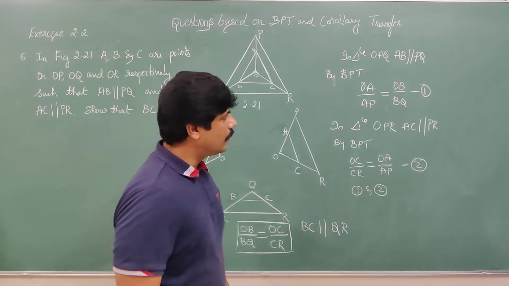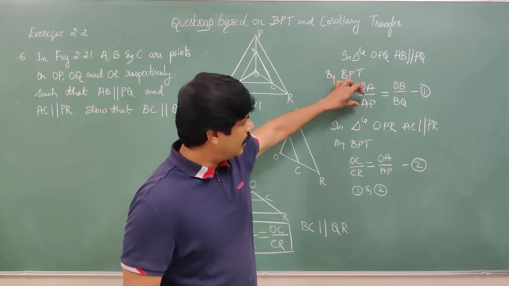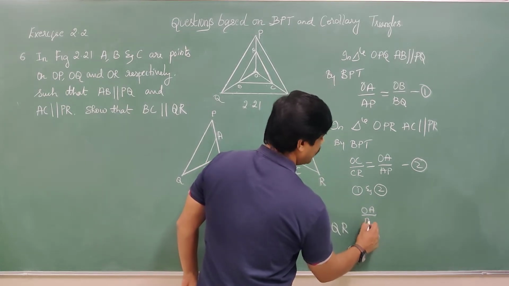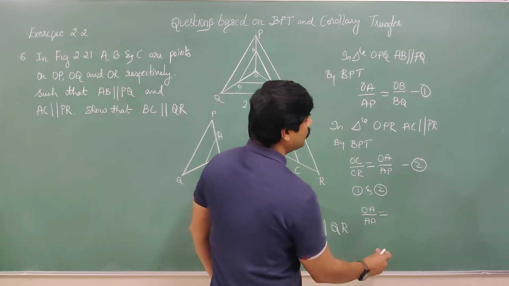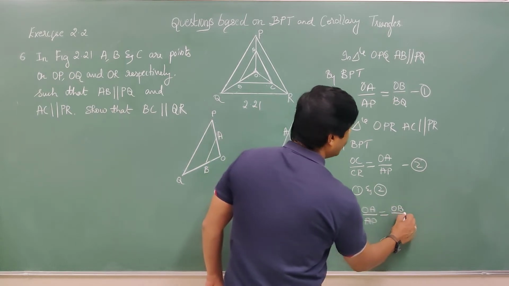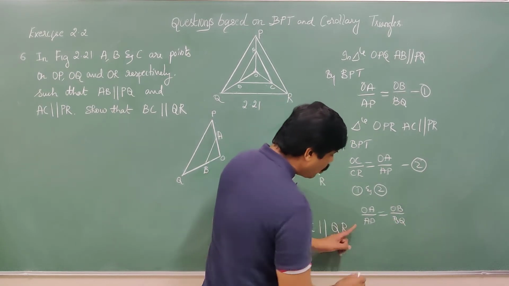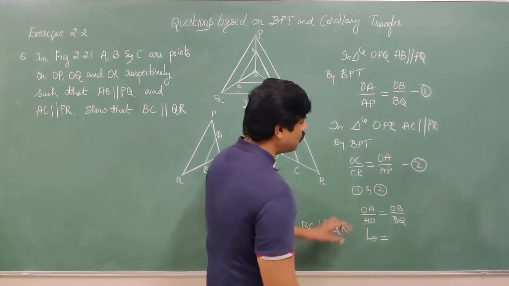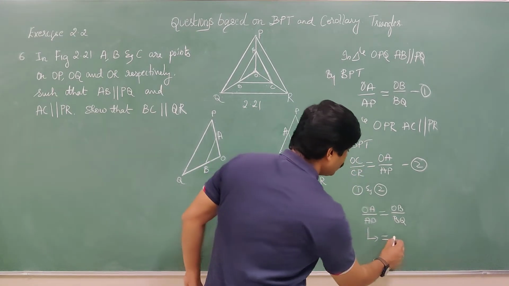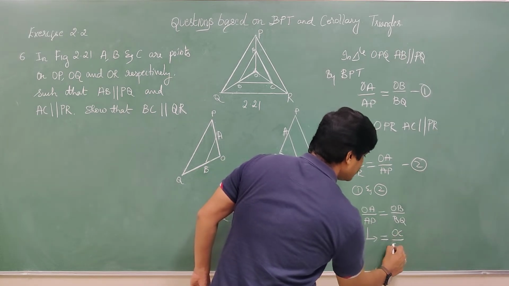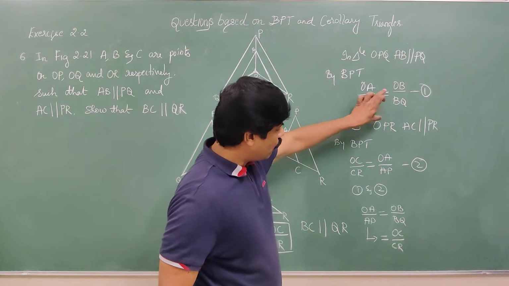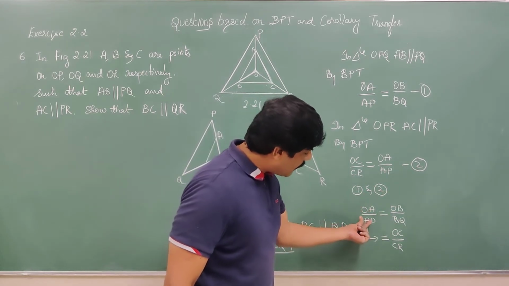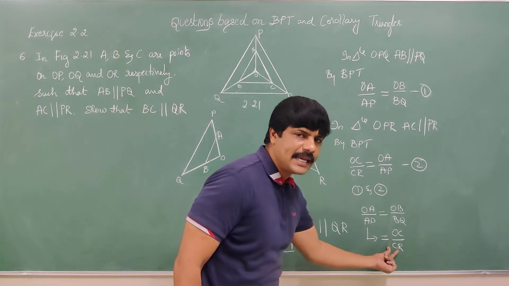Now observe 1 and 2 properly. From 1, OA by AP is equal to OB by BQ. From 2, OA by AP is equal to OC by CR.